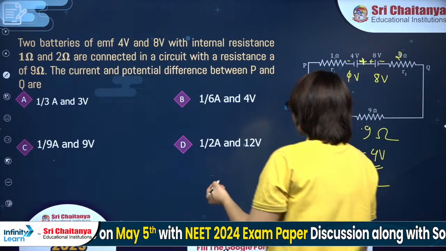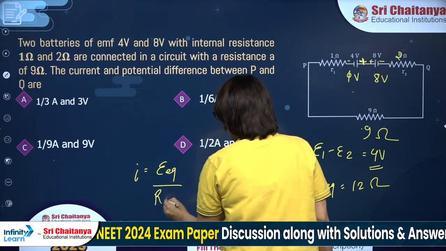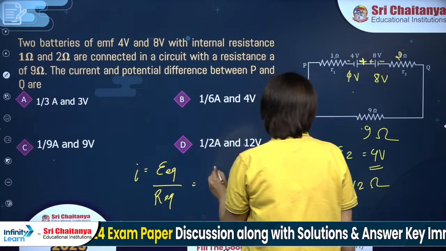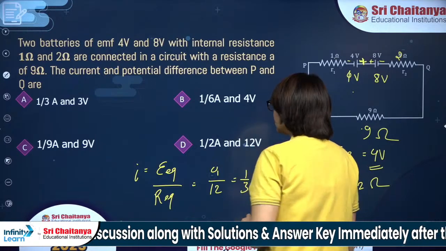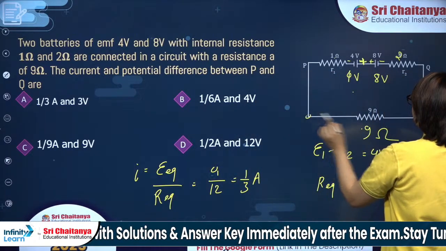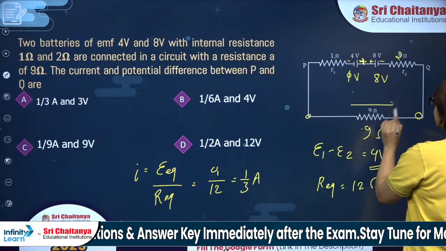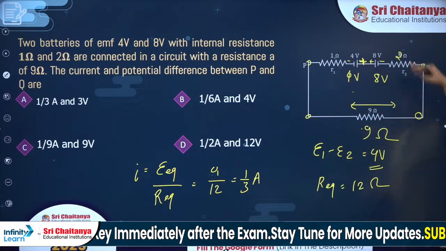So current in the circuit will be E equivalent divided by R equivalent, which is 4 divided by 12, 1 by 3 ampere. Now whatever potential drop is there across this resistance, the same potential drop will appear across P and Q because both are parallel.